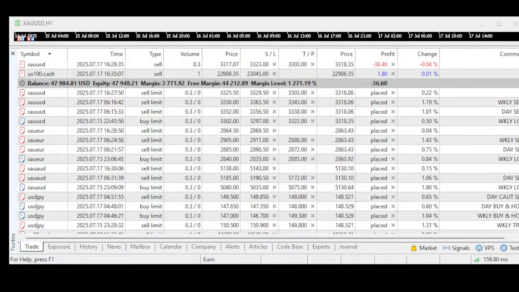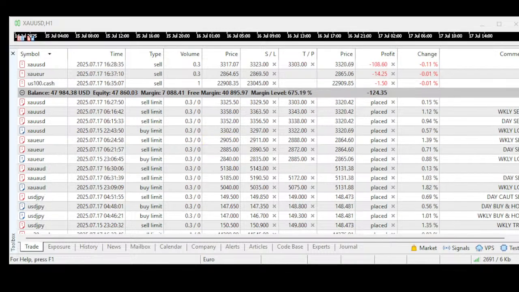For Aussie against Aussie, we are looking for 38, so I don't think we want to push too much on this. We will just wait for the gold euro to get filled. Okay, now the euro gold got filled.